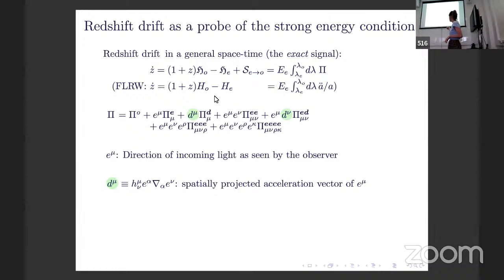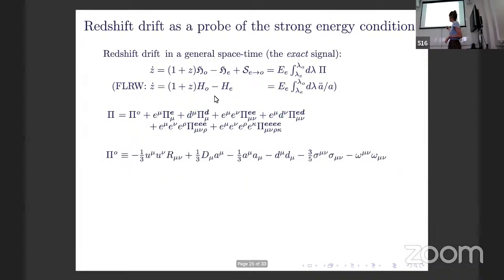But apart from this, the spirit is much the same as for the luminosity distance, and these multipole coefficients are again incorporating information about kinematic degrees of freedom and curvature degrees of freedom in the universe.